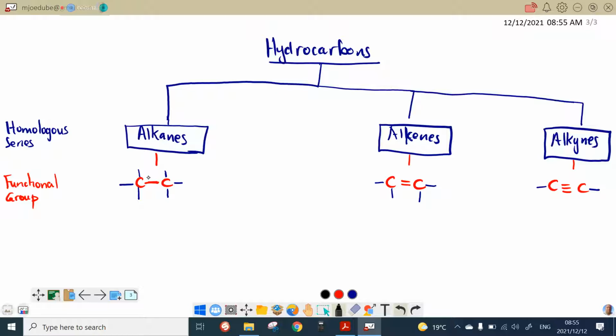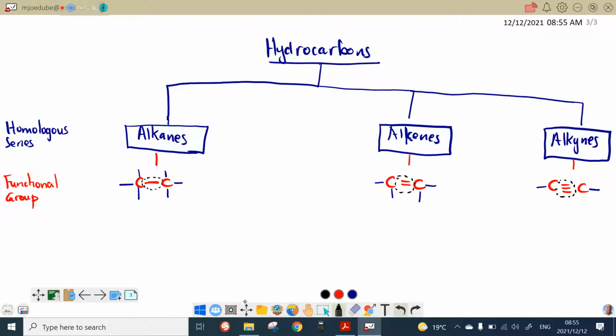So this here is important, and that's the important thing to look out for. You're always looking out for that. That is the important thing about the distinction between the hydrocarbons.